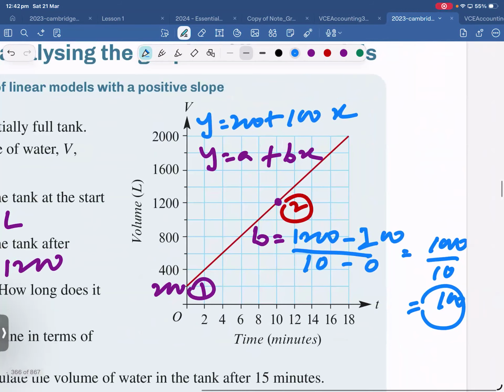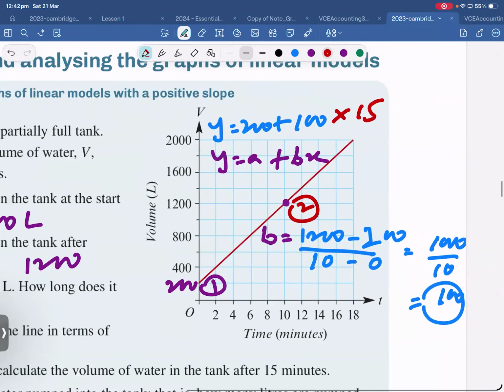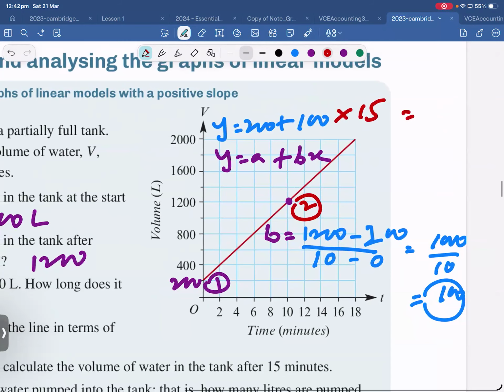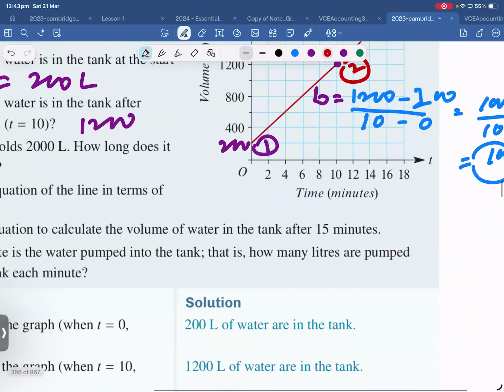You substitute 15 for x. So Y will be, yep, 15 times 100 is 1500, plus 200, 1700, right?